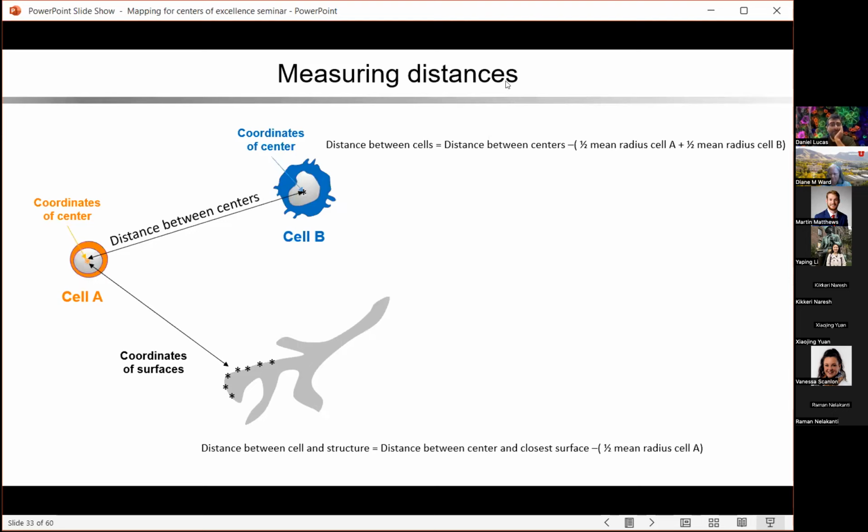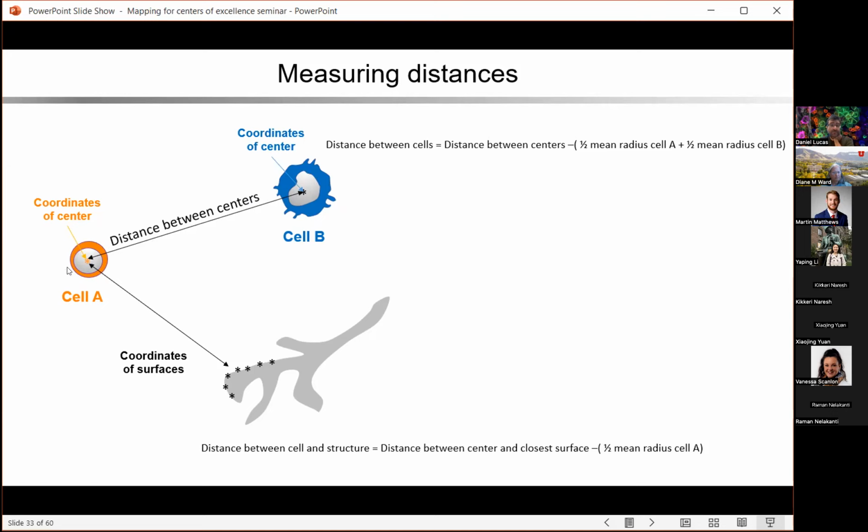So how do we measure distances? For each cell, we are going to have the coordinates of the center of the cell, but these are infinitesimally small dots. It's just one point in a space. So when you measure the distance between these dots, and you can use images or you can use MATLAB, you're measuring from the center of each cell to the center of each other cell.